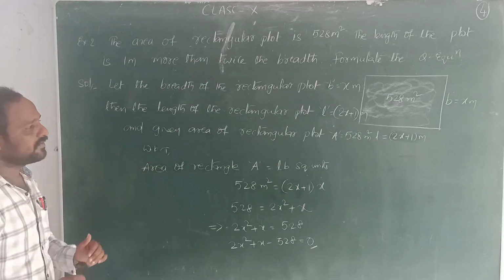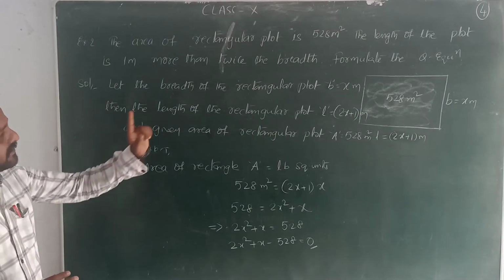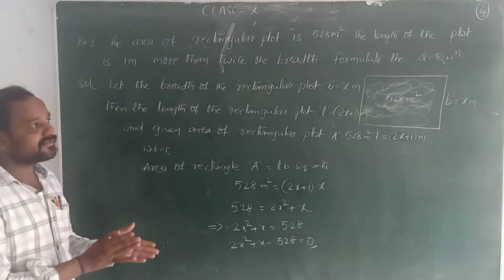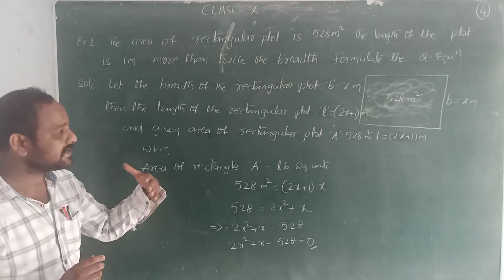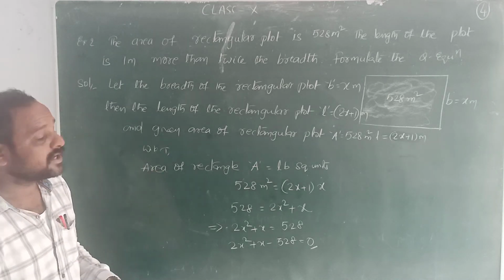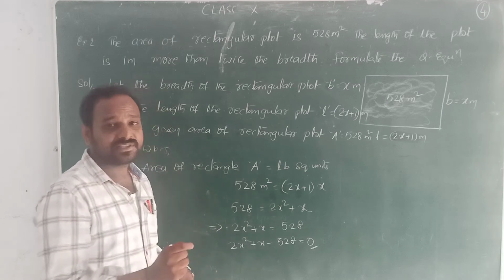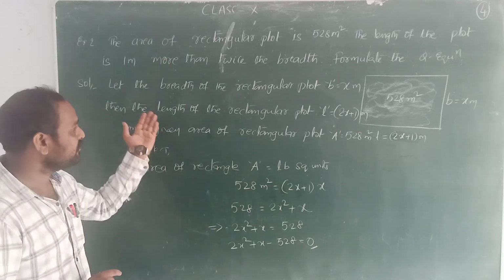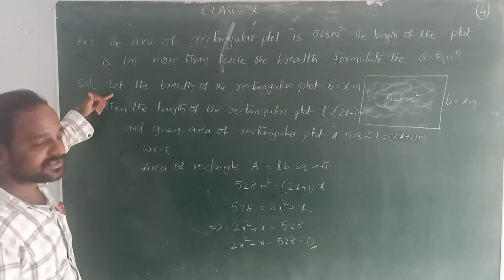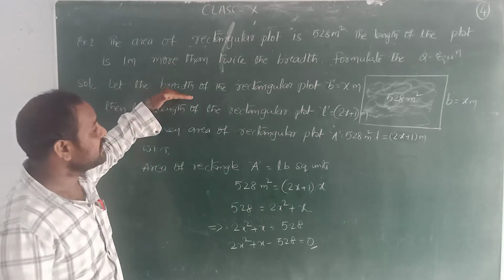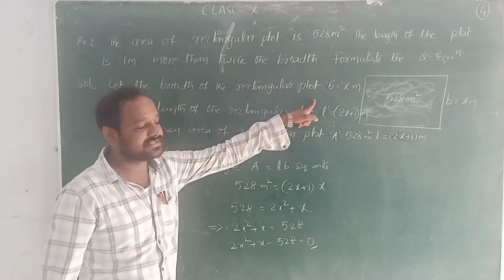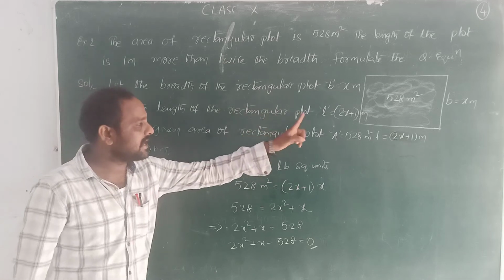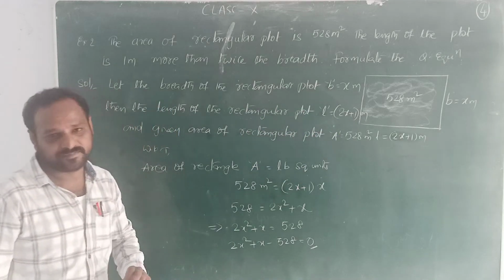Here we don't know the breadth of the rectangular plot, but we know the length: 1 meter more than twice its breadth. So we have to assume that let the breadth of the rectangular plot B is equal to x meter. Then the length becomes L is equal to 2x plus 1 meter.